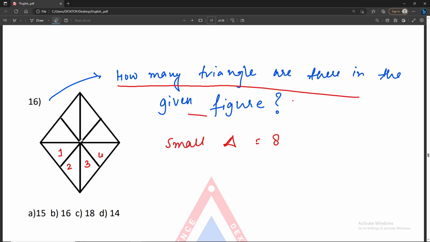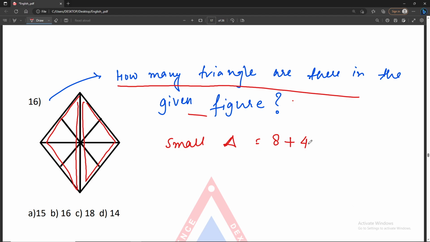Next, now if we see this portion, it's also a triangle. So here we have one part, here we have two part, here we have third part, and here we have fourth part. So we have 4 more triangles. You can see this part is also a triangle, and this part is also a triangle.